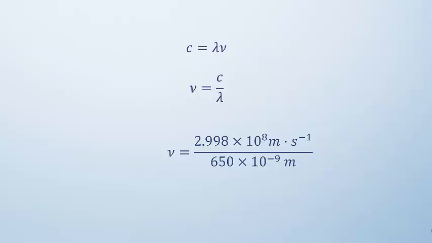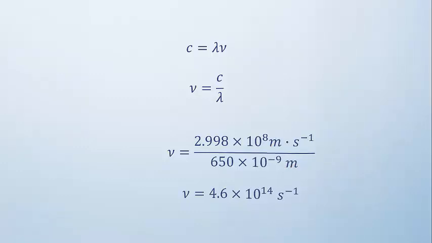So we need to use 650 times 10 to the minus 9 meters. When we do this, we get 4.6 times 10 to the 14 per second, or 4.6 times 10 to the 14 Hertz. Notice how the units of meter cancel out to give me the units of per second, which is exactly the right kind of units I should have if I'm trying to find frequency.